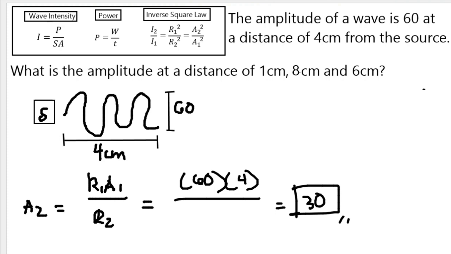It will decrease because it is far from the source. Now lastly, let's calculate what if it is 6 centimeters. What we have here is going to be 40. Wait, I did forget. There you have it. And that's it for this video.